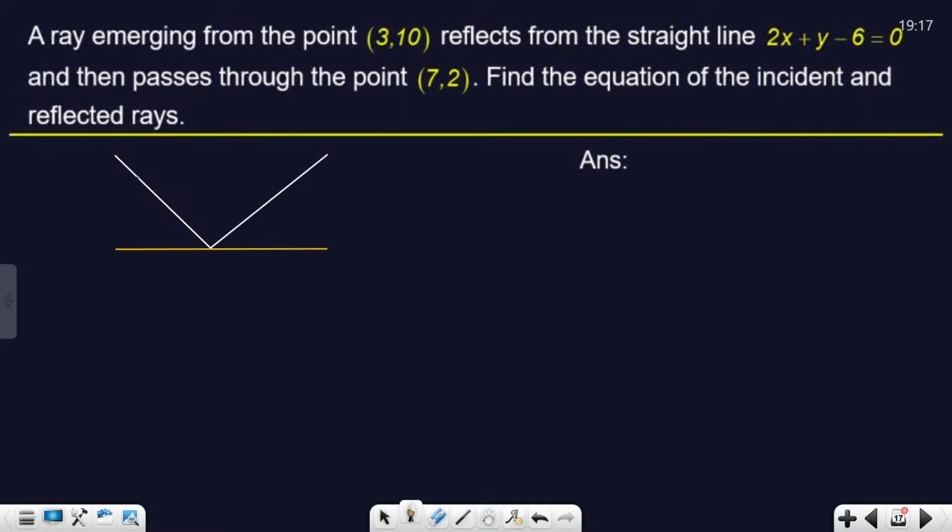A ray is emerging from a point 3, 10. This point is 3, 10. It reflects from this straight line, then passes through the point 7, 2. Now you have to find the equation of the incident ray as well as the reflected ray. Is it clear?